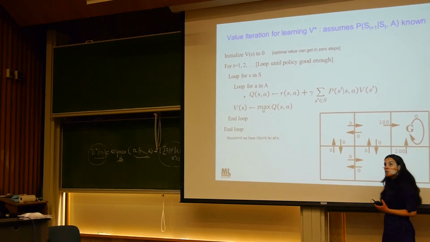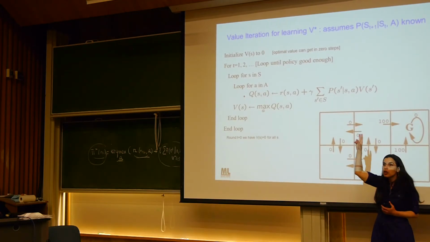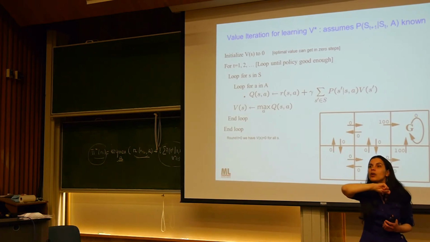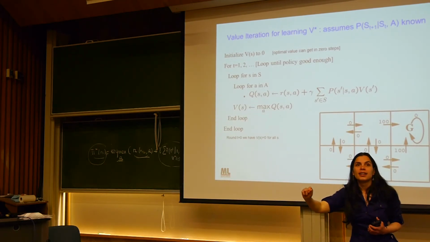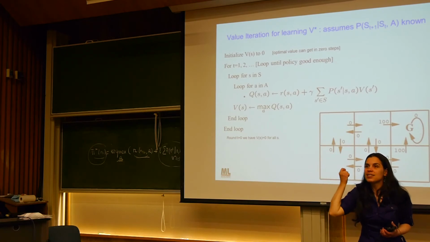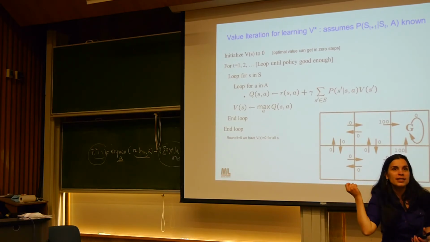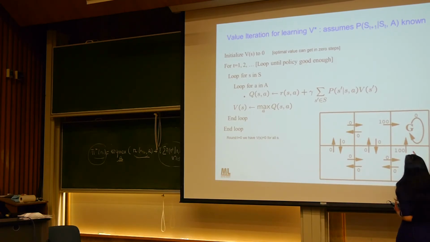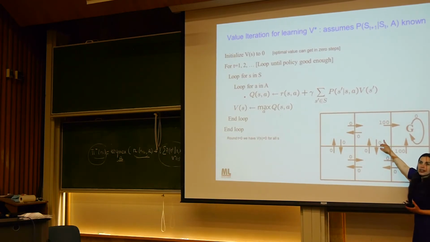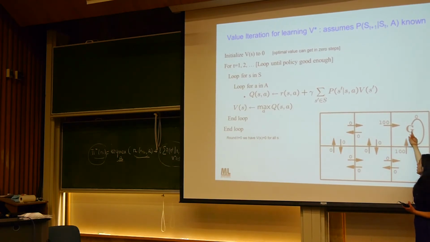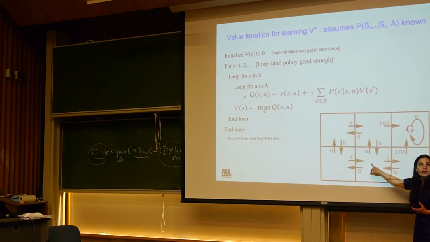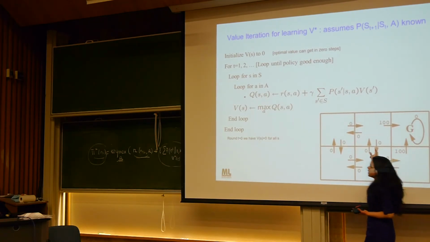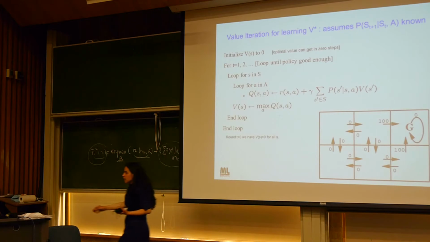When t equals 1, I'm going to encode the optimal value I can get if I'm allowed to go one time step. So then the best I can get is only 100 and 0, right? So this guy is going to get value 100, this guy is going to get value 100, this will remain 0, this will remain 0, because if you go one time step, you can only get 0. So then basically, it's exactly what I wrote here on my slides.